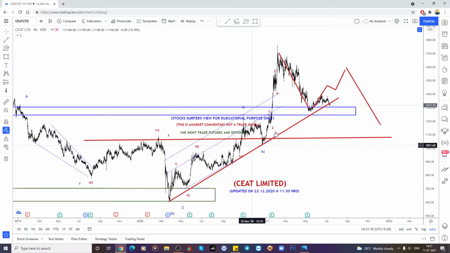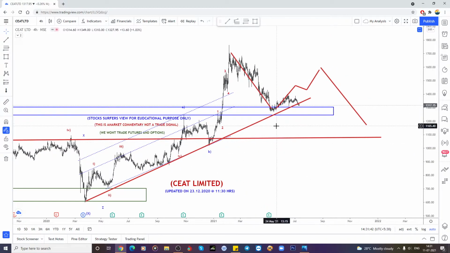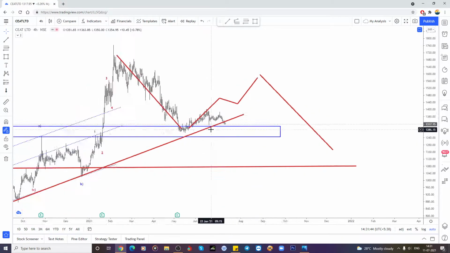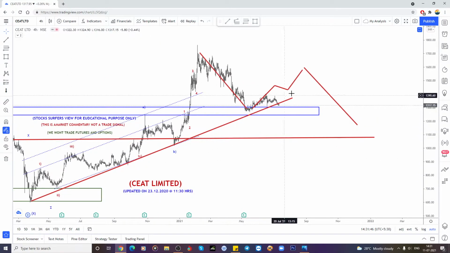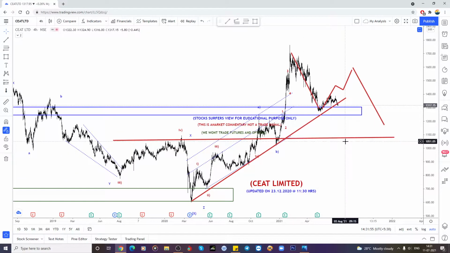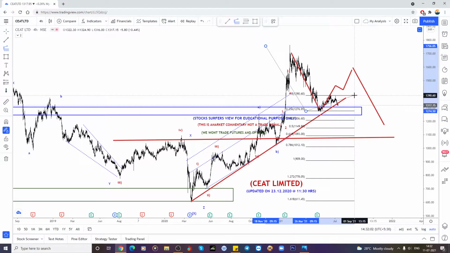So this is a slow movement, and it has already broken this channel. So whether it bounces or keeps coming to the downside, and again retests, it may come to the downside to that major support zone of 1080 also. So if it did like that, this is the B, so within this zone it can again bounce. So this could be W, X and A, B, C, like that.